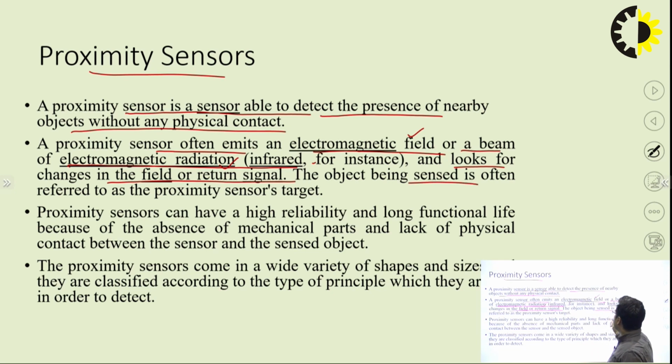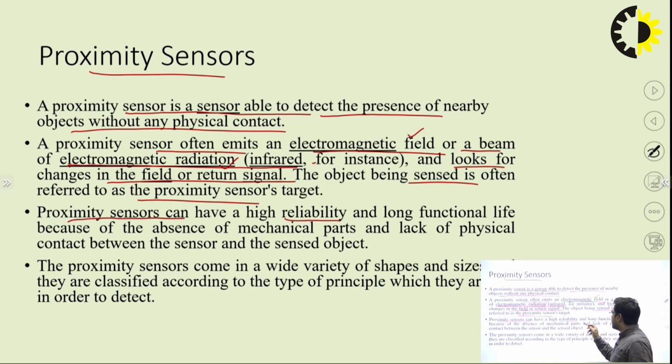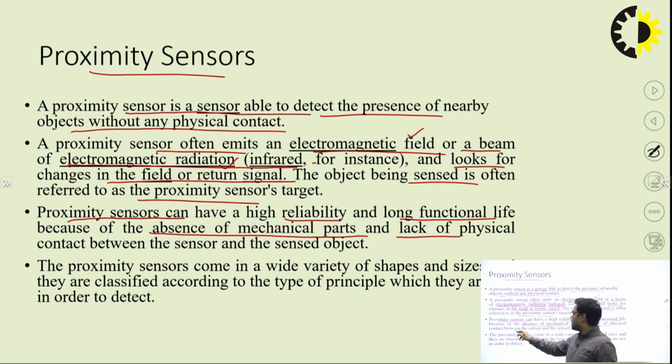The object being sensed is often called the proximity sensor's target. Accordingly, the target will be decided. Proximity sensors can have high readability, reliability, and long functional life because of the absence of mechanical parts. There is no mechanical part at all. Only some electronic equipment is incorporated in these proximity sensors, and there is a lack of physical contact between the sensor and the sensed object.